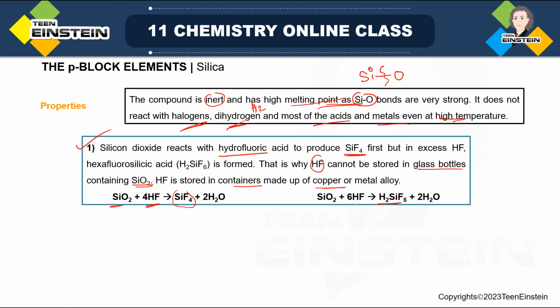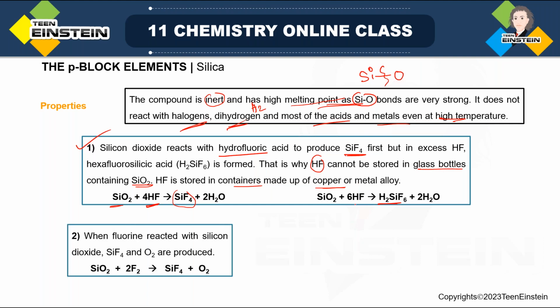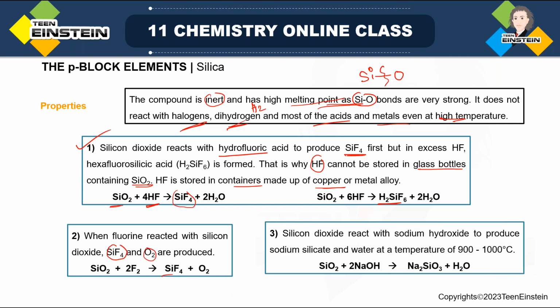Fine. The next reaction of silica is the reaction with the only halogen with which it reacts, and that is fluorine. So with fluorine, silicon dioxide reacts and produces again SiF4, and oxygen is the byproduct. So here SiO bonds are broken and we get SiF bonds. The third reaction is with NaOH, but look at the temperature.